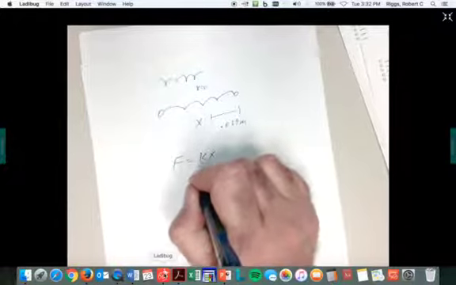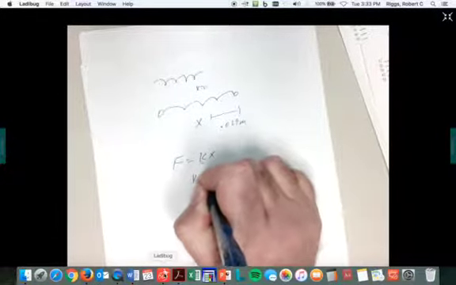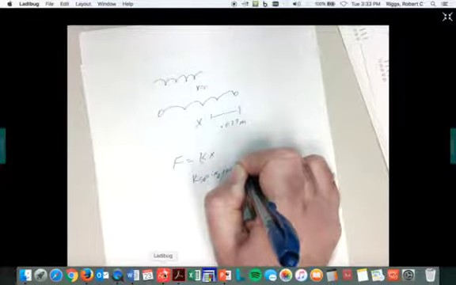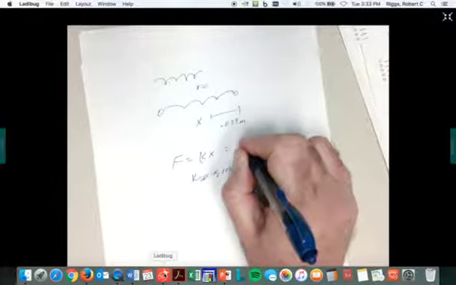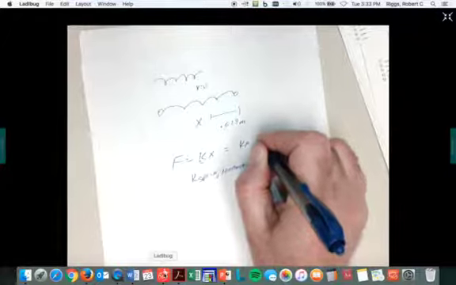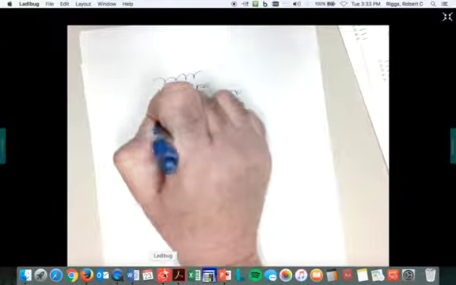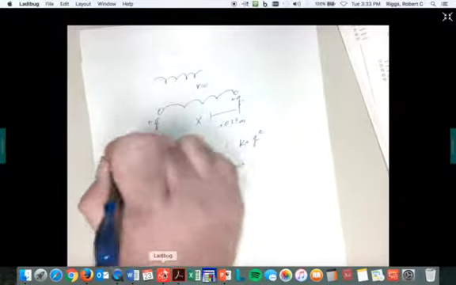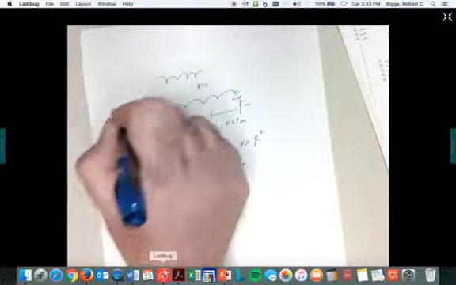Don't forget, this k is the spring constant, but the k over here, k electric, times q squared, again, because this is q and this is q, and they can either both be positive or they both have to be negative because they're repelling forces.